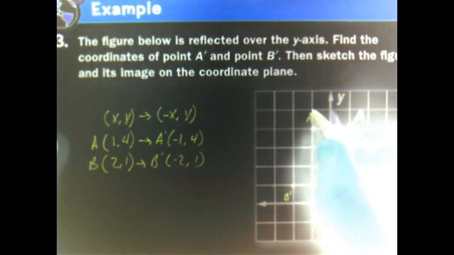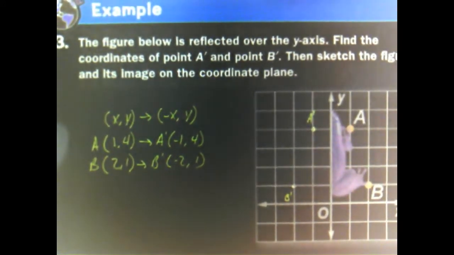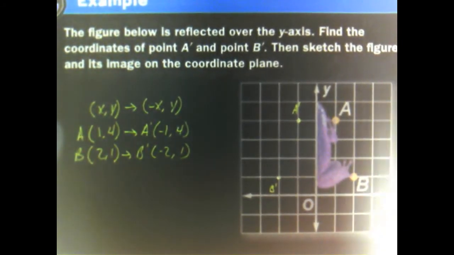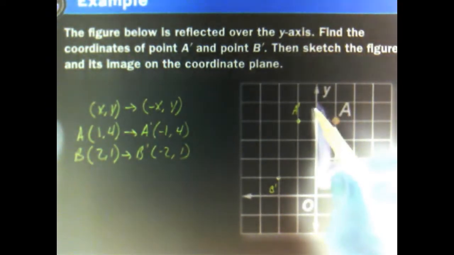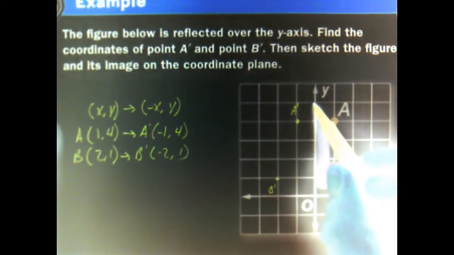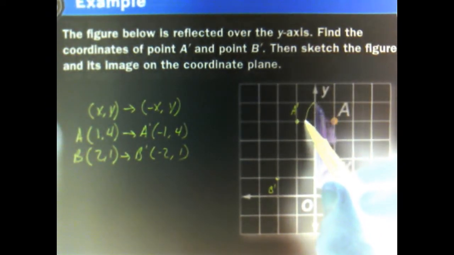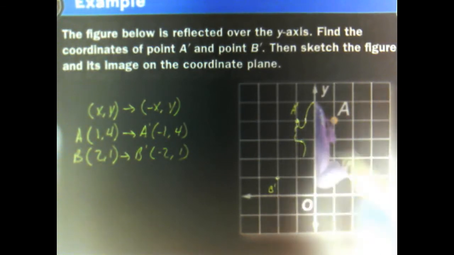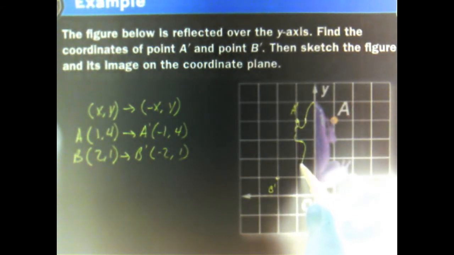There's A prime. So now what this allows me to do is sketch in the rest of this frog using these aiming points. So believe me when I tell you, I am no artist here, but I'll do the best I can to get this frog drawn here.